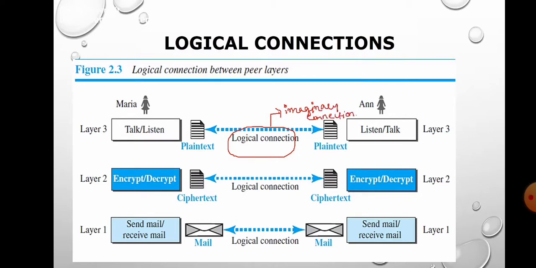So here we can observe that between layer 3 of the sending node and layer 3 of the receiving node, there is a logical connection. Maria and Anne can think that there is a logical connection at each layer through which they can send the objects created from that layer.